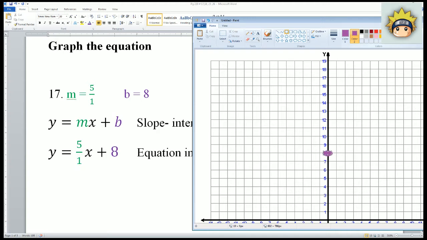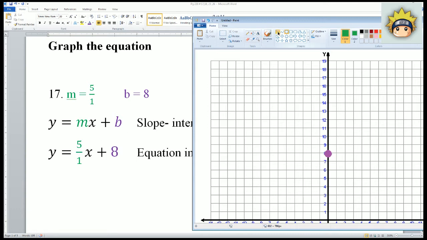Now based on what it wants us to do, it wants us to do the slope. It says go up 5.